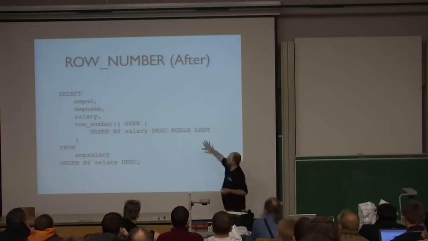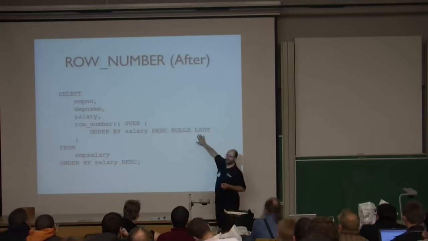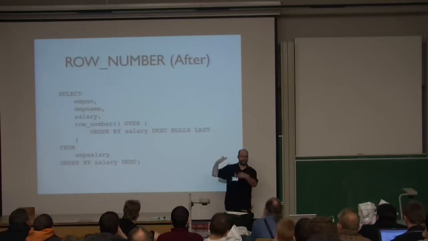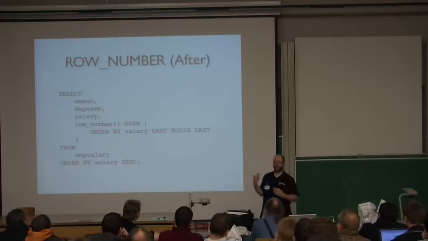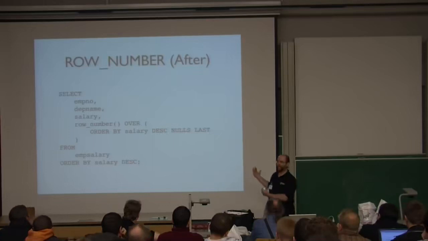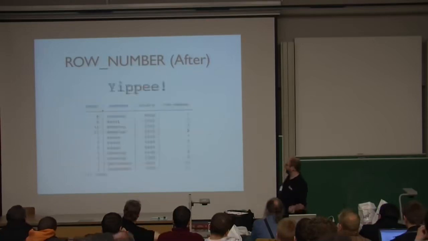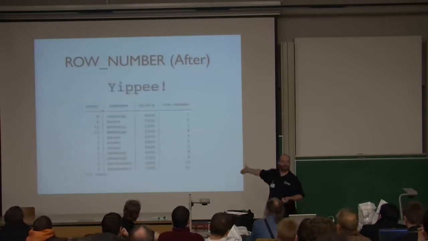So when you're defining your windows, you need to think carefully about the ordering that's in there and whether it is sufficient to make a deterministic output. Or you could decide that you don't care about determinism at some level of the output, but you have to at least think that through. So that's what our query looks like, and of course our row numbers have come out right.